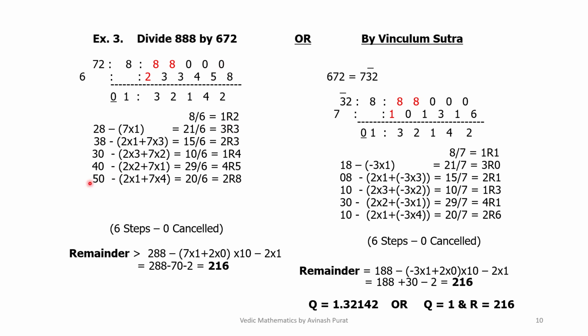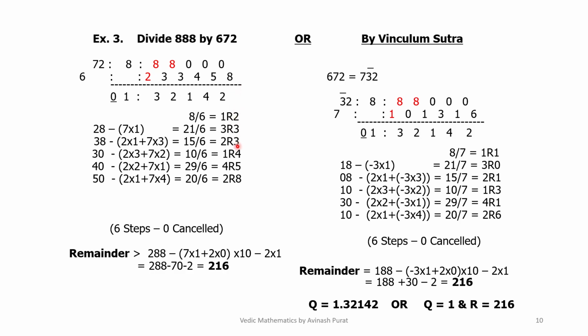Now 50 minus (2 into 1 plus 7 into 4), so 28 plus 2, 30. 50 minus 30 is 20. 20 by 6 equals 2 and remainder 8.